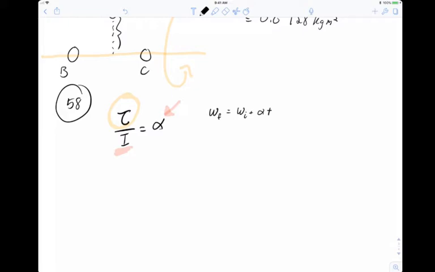So it's talking about starting something spinning up. So the initial angular velocity is 0. The amount of time is probably 3 seconds. I don't know what alpha is.